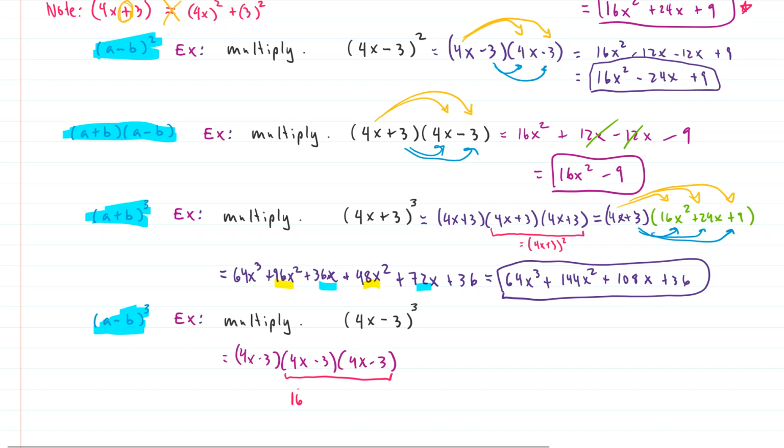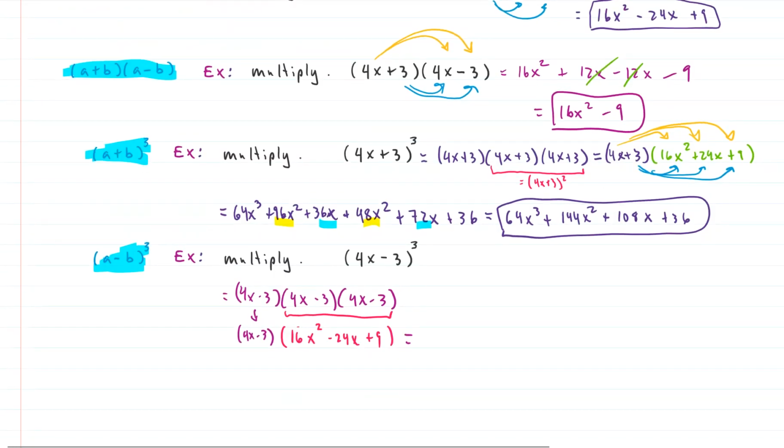That's 16x squared minus 24x plus 9. So we will then just bring the 4x minus 3 down, and we can start our multiplication.